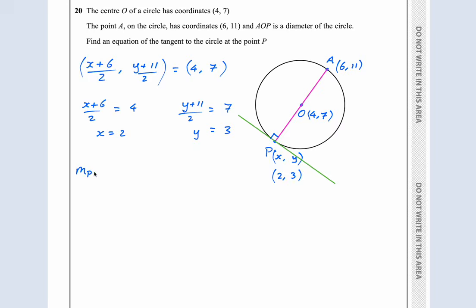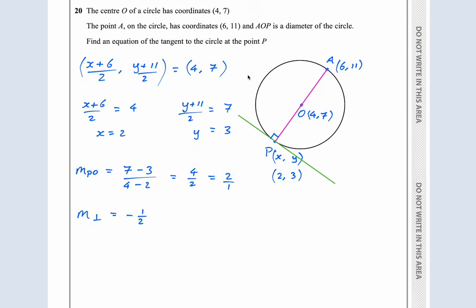The gradient of PO is equal to y2 minus y1, or 7 minus 3, over 4 minus 2, which is actually just 4 over 2, which is 2. So the gradient of PO is 2, which means the perpendicular gradient is we flip and change the sign. So if that's like 2 over 1, the perpendicular is minus 1 over 2.